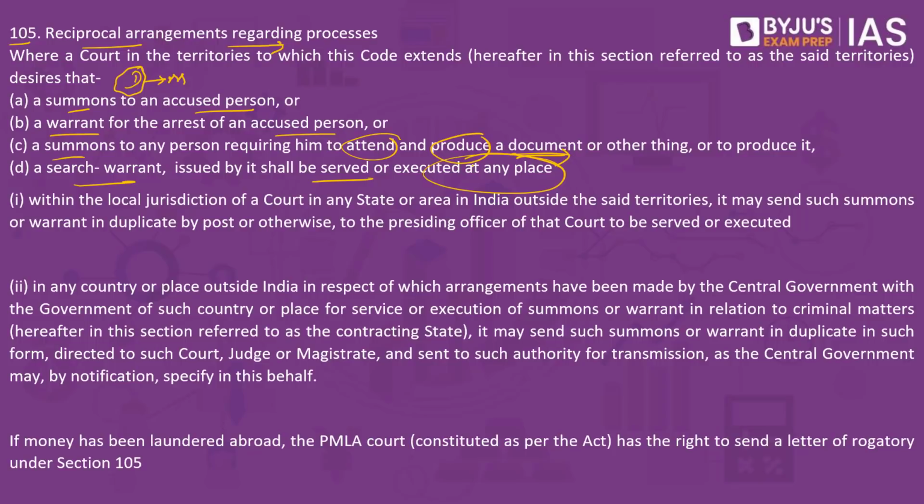In that case, let's assume this person who is from Delhi is not in Delhi right now. He has moved to Mumbai. So what would happen? This summons or warrant order has to be executed. When this individual is not in Delhi but instead in Mumbai, Bengaluru, Chennai, Hyderabad or any other place, the local jurisdiction of the court in any state or an area outside the said territories may send such summons or warrant in duplicate by post or otherwise to the presiding officer of that court to be served or executed.